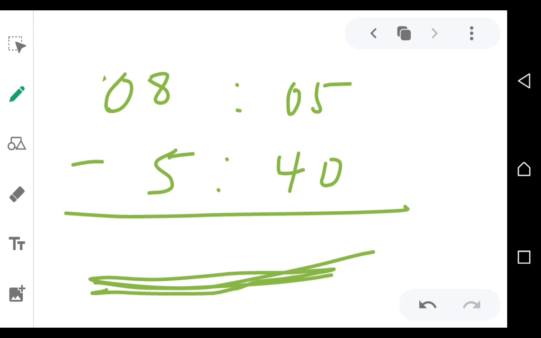Originally you make sure you use 0805 on the timer, not the one that I put here, because I'm making these questions just to make you understand. You can't subtract a larger number from a smaller one.